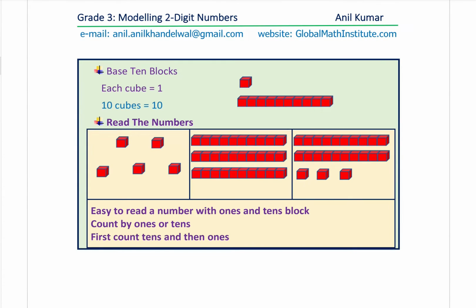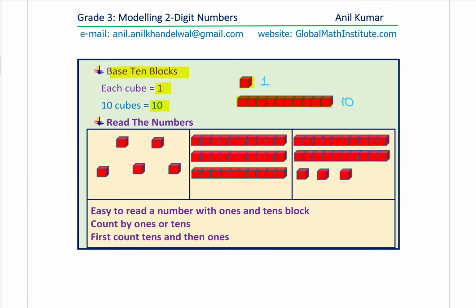Basically, one little cube will be considered as number 1, and when we have 10 of these joined together, then we'll treat this as a number 10. So one little cube is a number 1 for us, and when we put 10 together, then it is 10. It makes sense, right? So it is number 1 and 10.